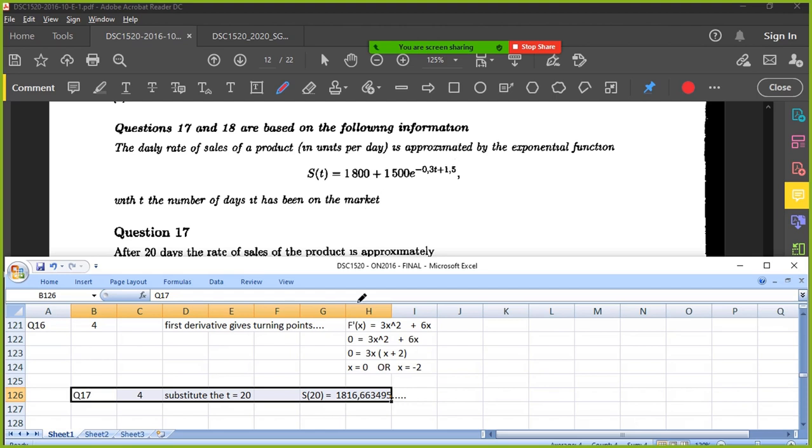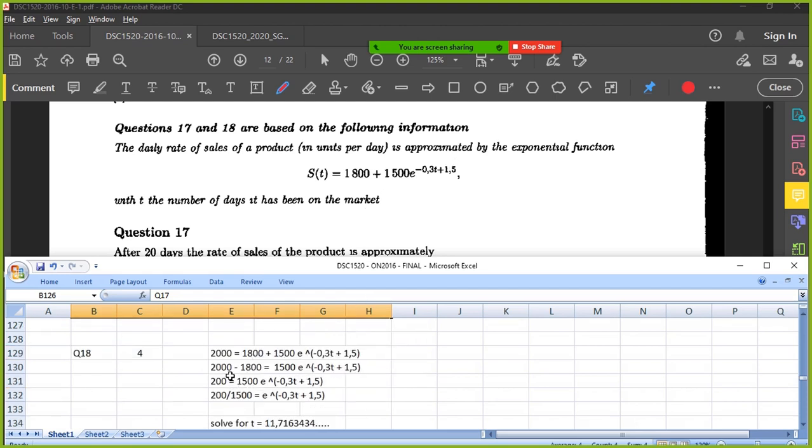Yep. Okay, so maybe just to show that, there it is. Okay, 2000 equals that formula. Notice there's a bracket here because it's an exponent. When you're looking at a long formula like this, you need the exponent on its own. So I took the 1.8 to the left, I subtracted it.